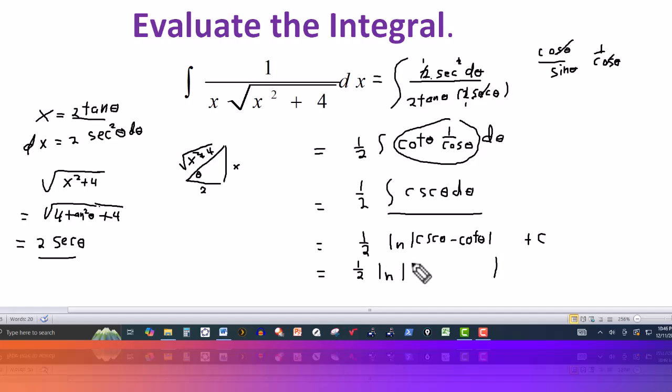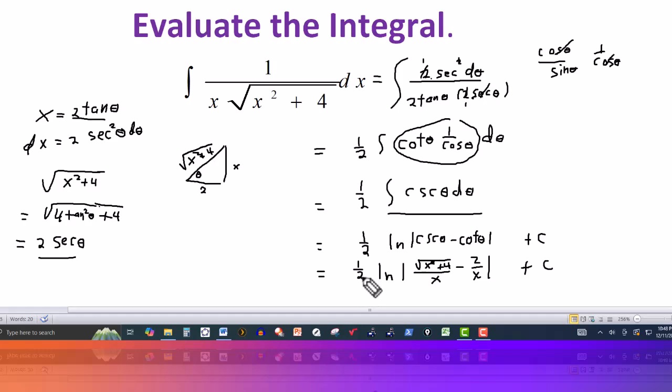So the cosecant of the angle then is the square root of x squared plus 4 over x. And then it's minus the cotangent of the angle. Cotangent is the adjacent over the opposite side. Adjacent is 2, opposite is x, so this will be 2 over x, plus the constant of integration.